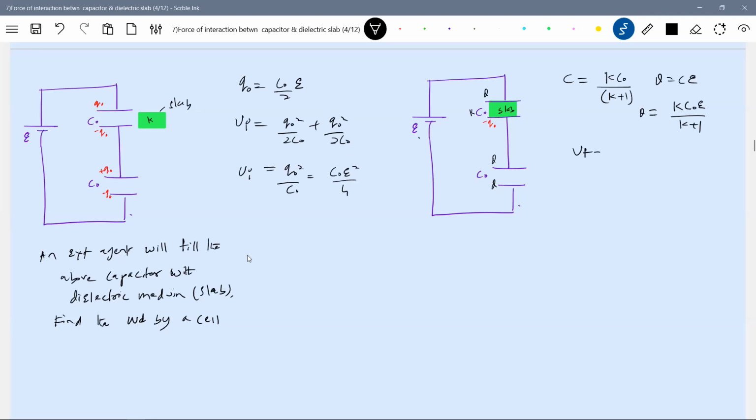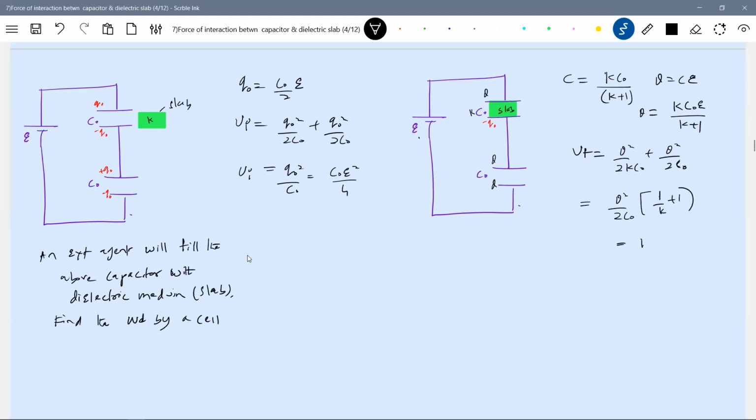The final energy in the capacitor should be equal to Q square by 2 times the effective capacitance.